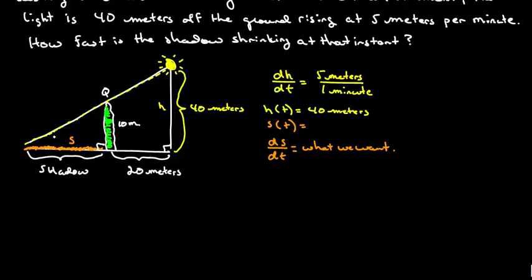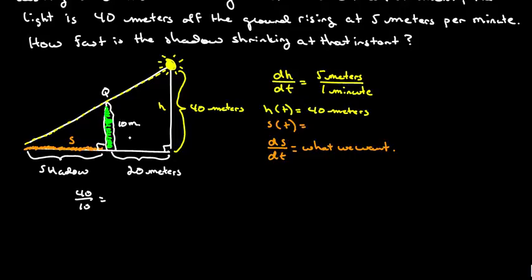We know that, well, let's set it up like this. I guess maybe the best way to do it is H. I want to stay away from the trig functions because we haven't discussed them yet. So let's do something like this. 40, this length, over 10.